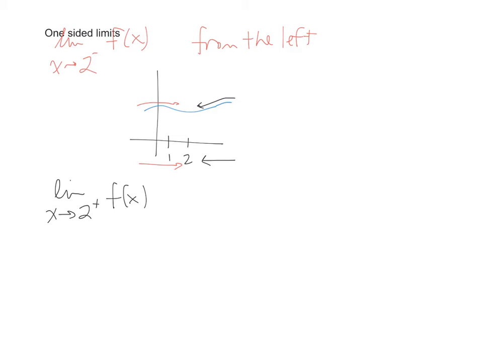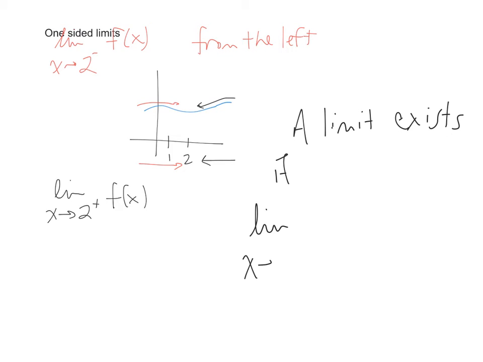So a limit exists, it's hard to read, I'm sorry, if the limit as x is approaching some value from the left is the same as the limit of x approaching the same value from the right.